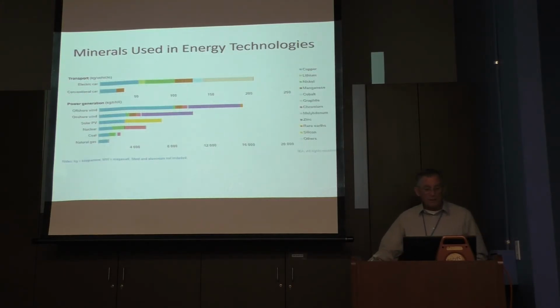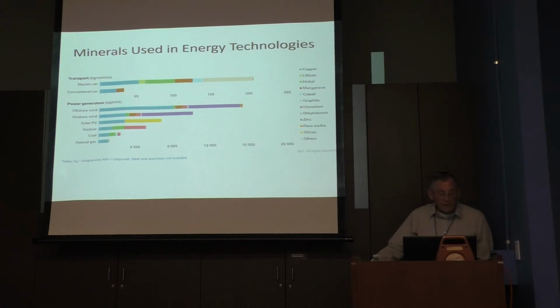Let's take a look here at the minerals used in the energy technologies. This graphic compares the quantity of materials required for alternative transportation and power generation technologies. So the top is called transport. We have the electric car and the conventional internal combustion engine driven car. And you can see the difference in the amount of minerals that are needed for both of those technologies.